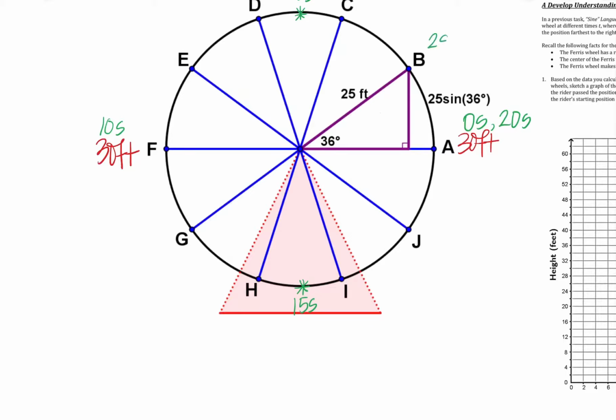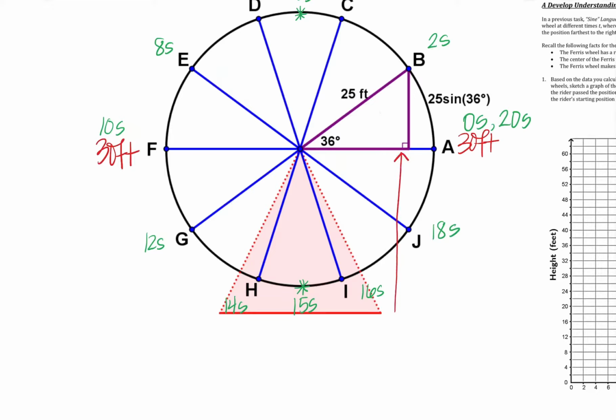That means B is 2 seconds, C is 4 seconds, D is 6 seconds, E is 8 seconds, which brings us to that 10 seconds. So I'm just going to label the rest of the wheel as well. And we're going to come back to this idea in a little bit that B could also be, say, 22 seconds, and C could also be, say, 24 seconds. But let's go back to labeling our heights.